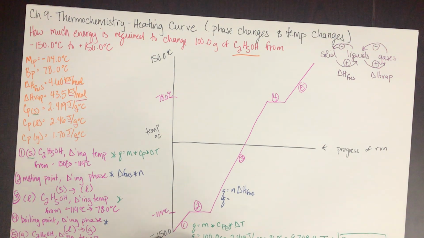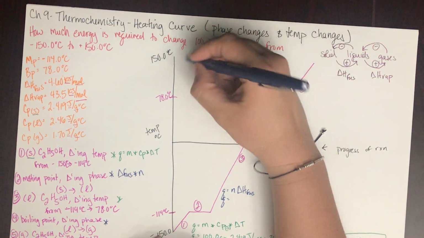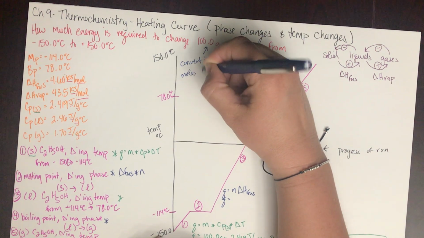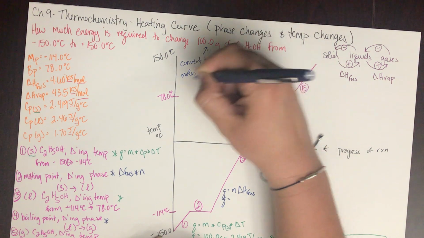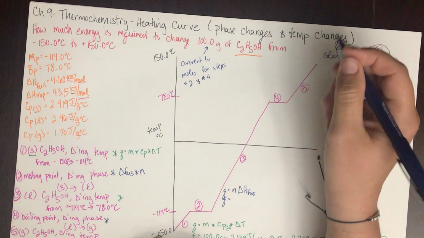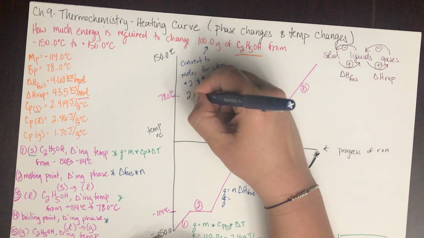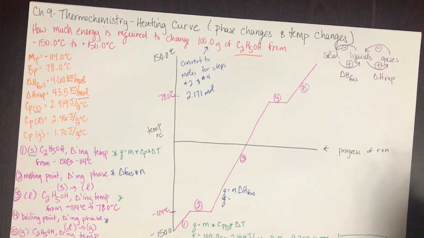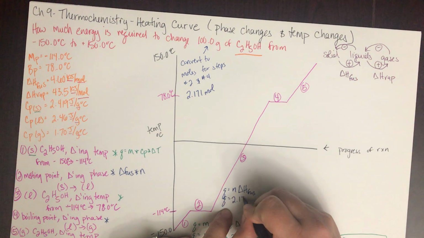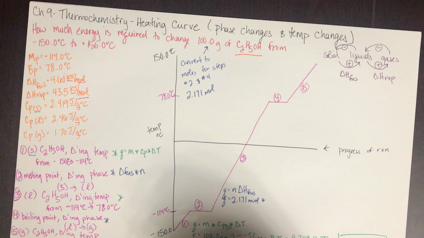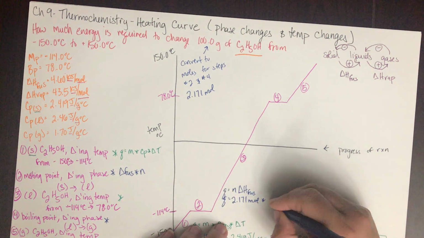Don't forget to convert to moles for steps 2 and 4. So 2.171 moles of ethanol times the heat of fusion, which is 4.60 kilojoules per mole.